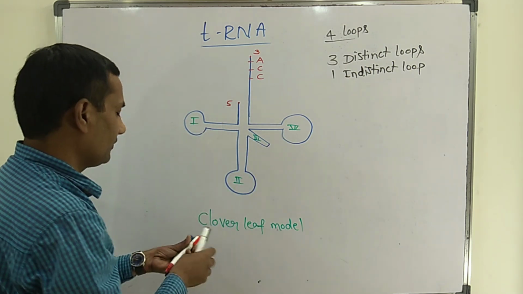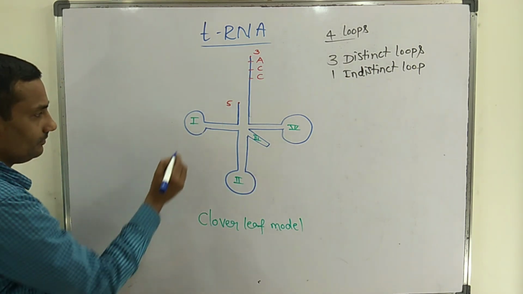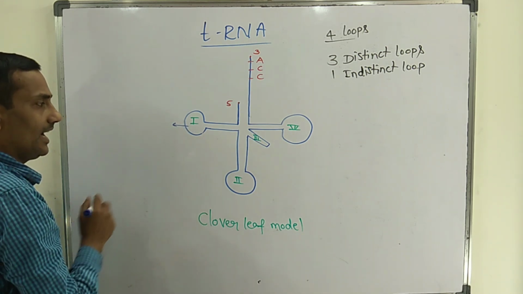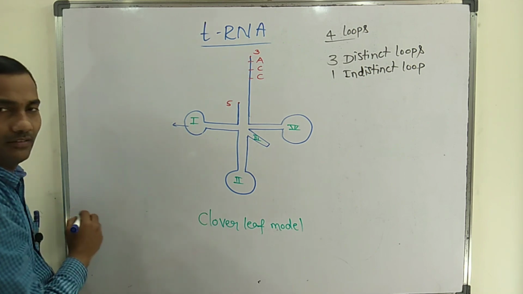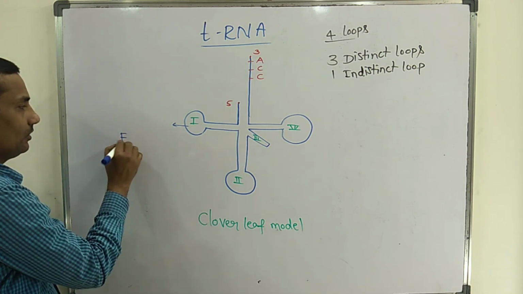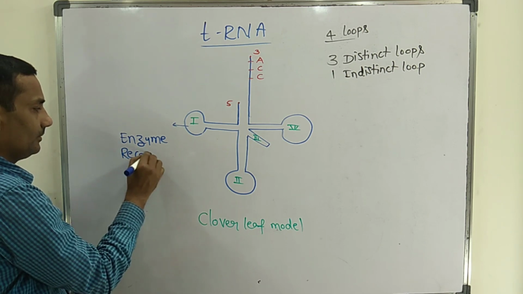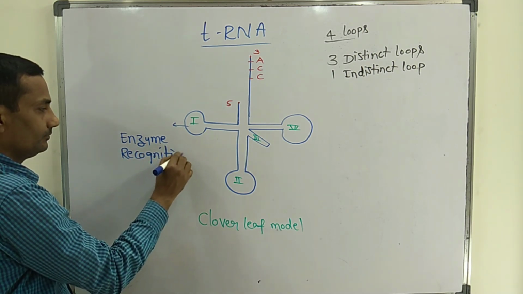Among these, the first loop on the right side is called the enzyme recognition loop.